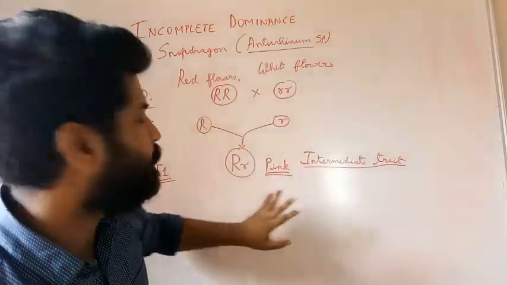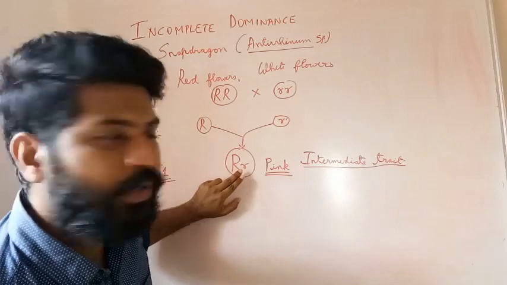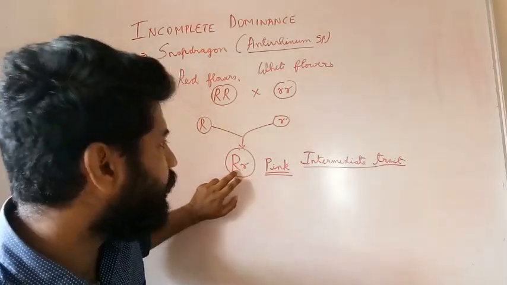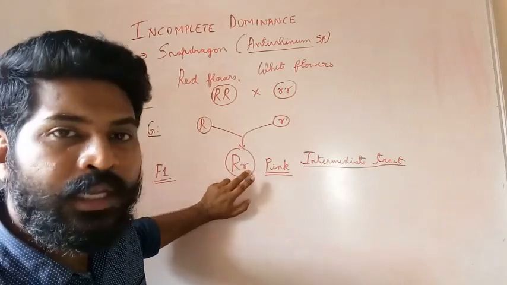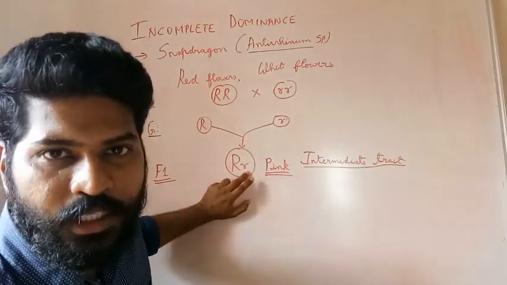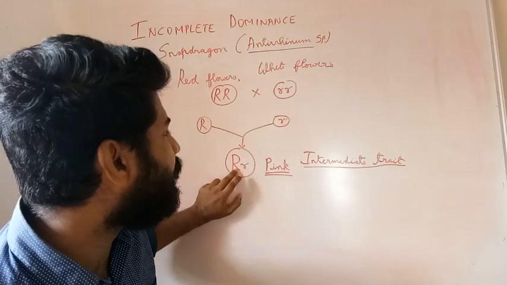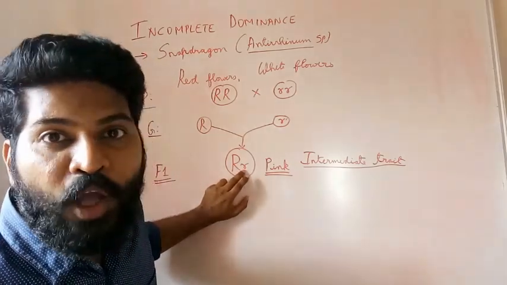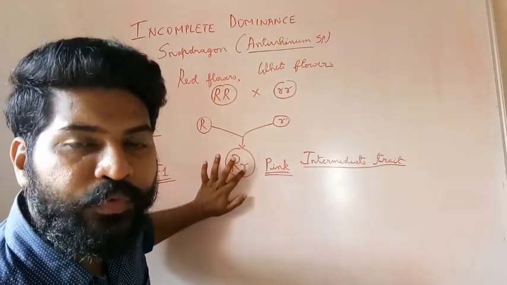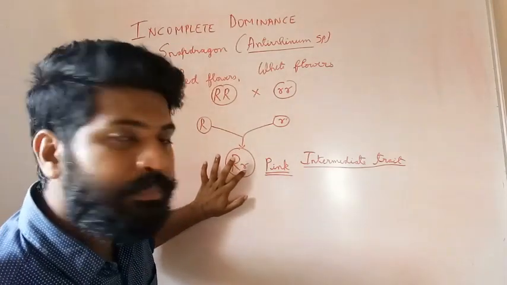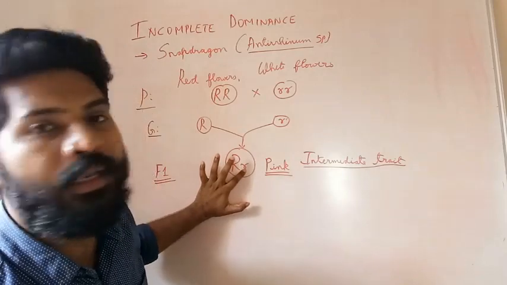Why does this happen? This is because we have a dominant allele and we have a recessive allele. In this heterozygous condition, hybrid condition, the dominant allele is not completely dominant, it is partially dominant. Therefore, it allows some expression by the recessive allele.